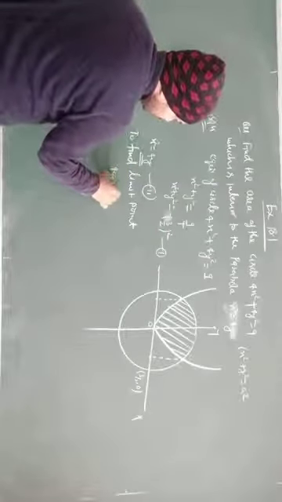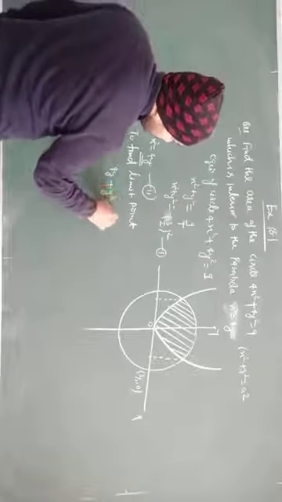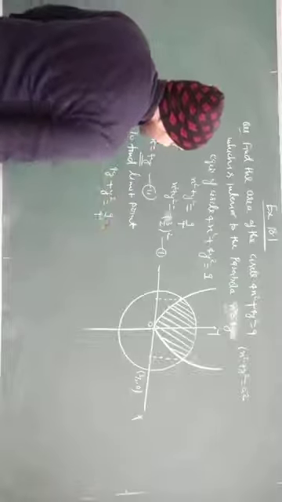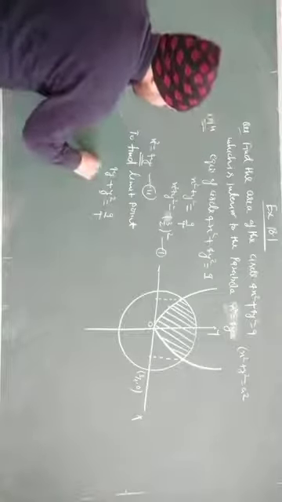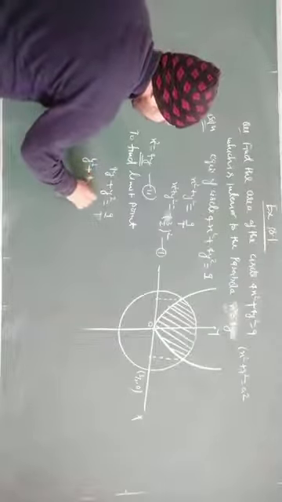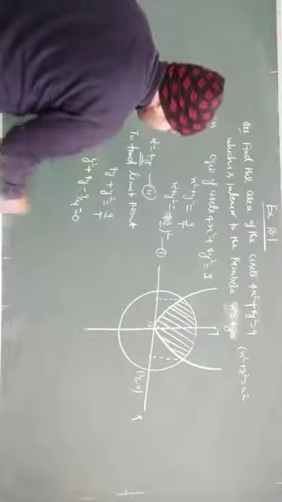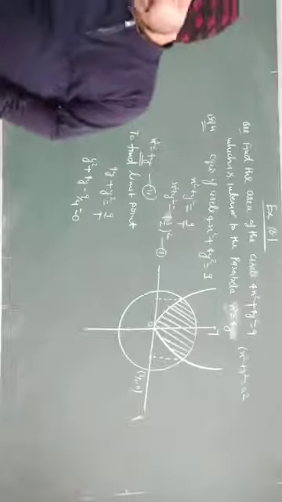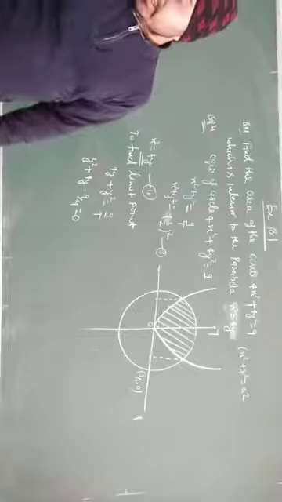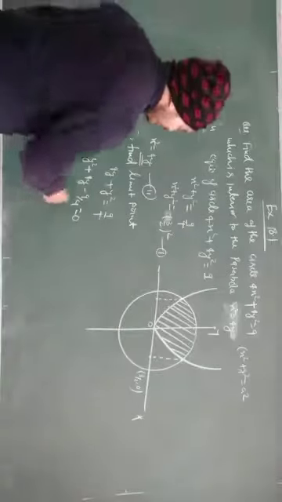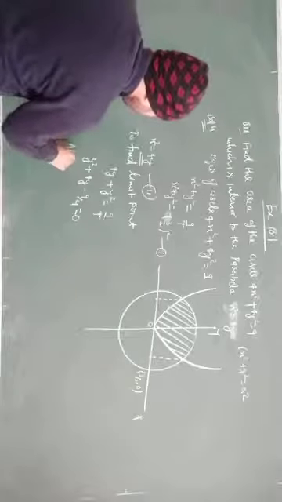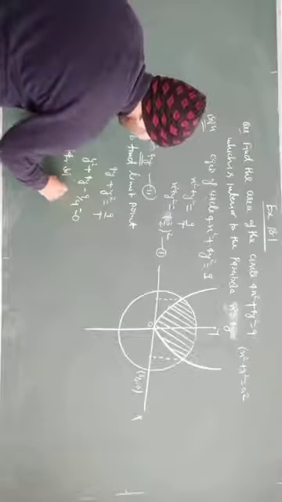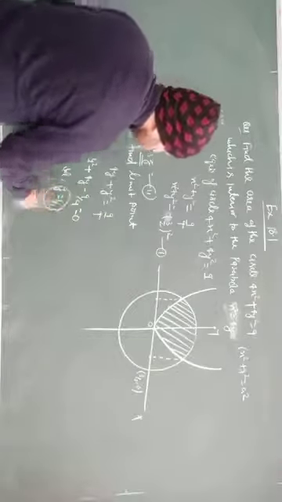4y plus y square is equal to 9 by 4, or y square plus 4y minus 9 by 4 equal to 0. This is a quadratic equation, and by solving it we get y equal to 1 by 2.